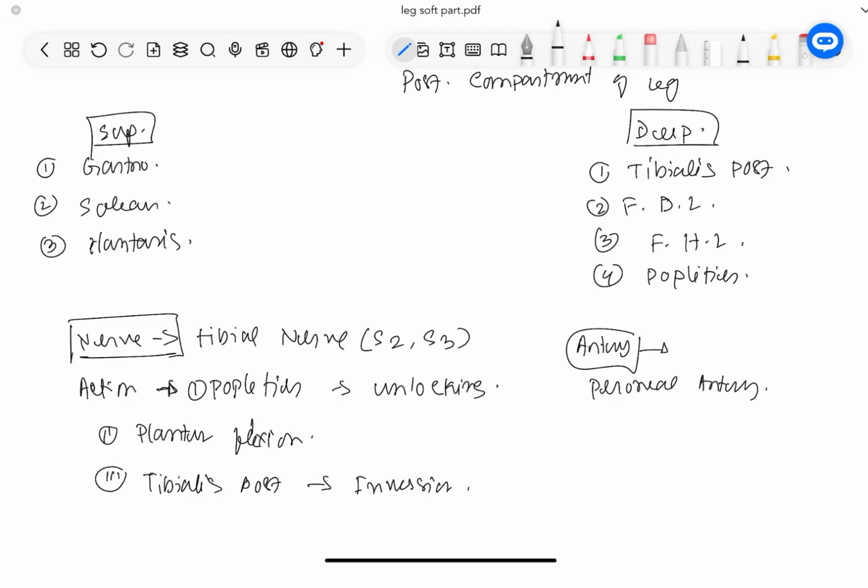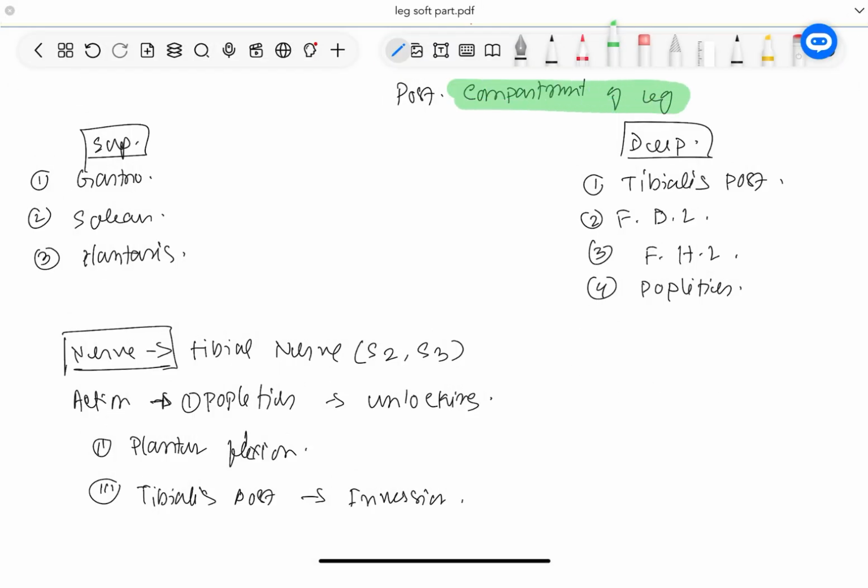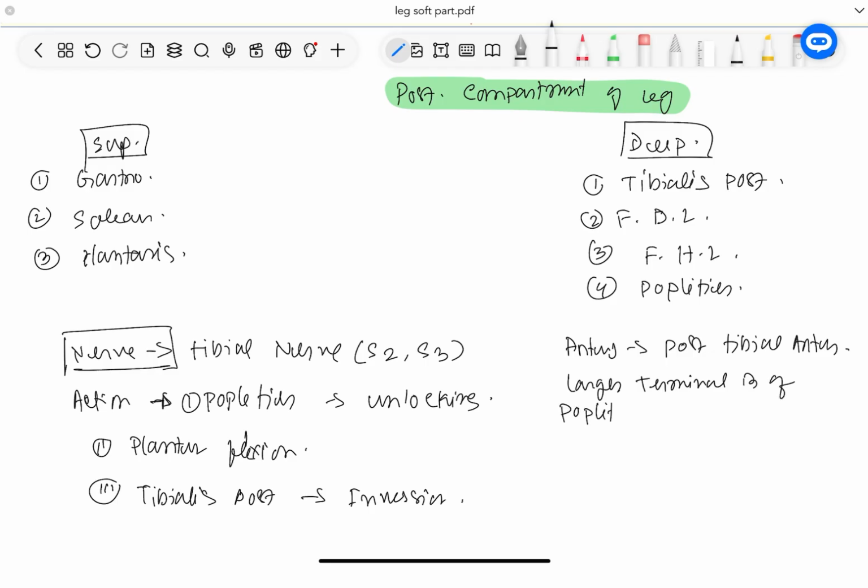Now as we discuss the posterior compartment of the leg, it has an artery. What is the name of that artery? The name of that artery is the posterior tibial artery. The posterior tibial artery is the larger terminal branch of the popliteal artery, and it supplies not only the posterior compartment but also the lateral compartment of the leg.